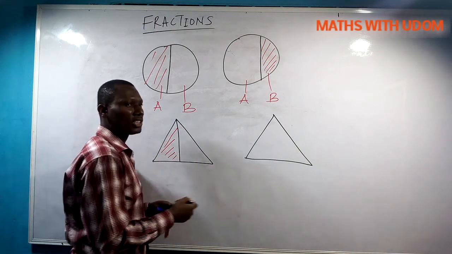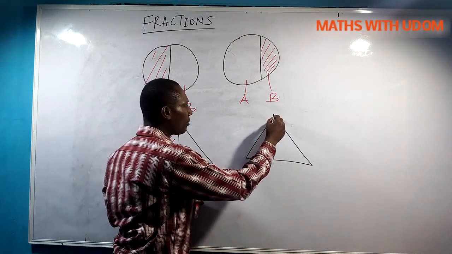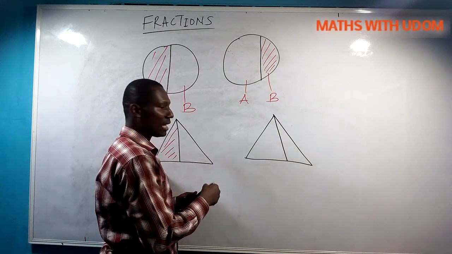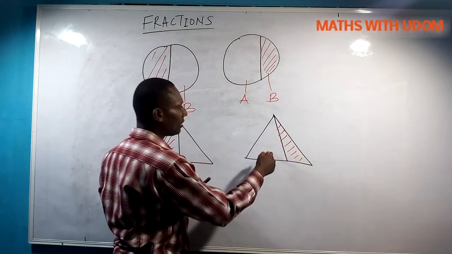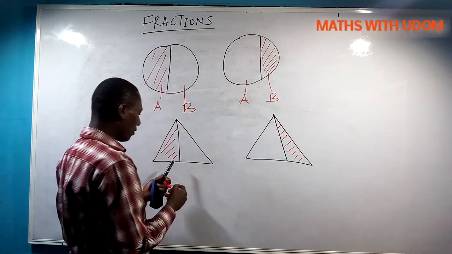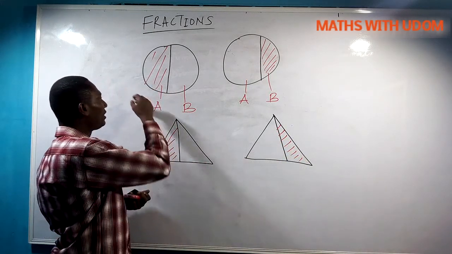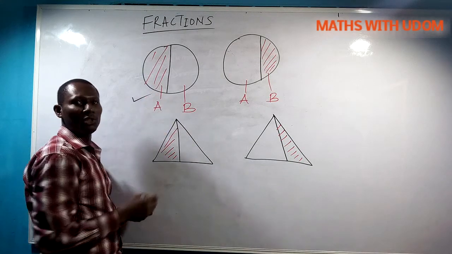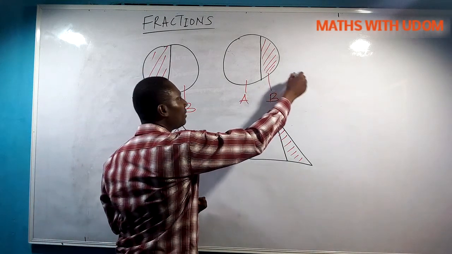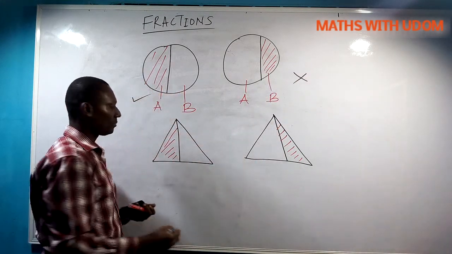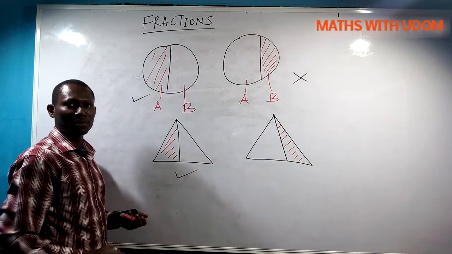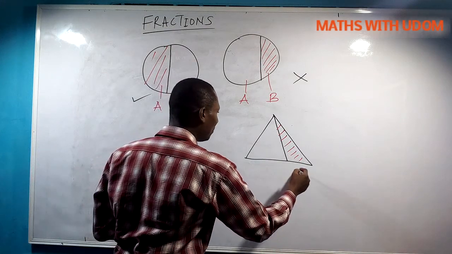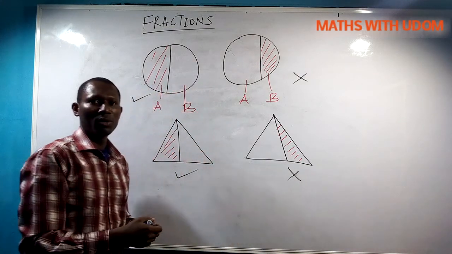For the other triangle, look at the way we divide it. Can you see that this side is smaller than the other side? So the first diagram obeys the rule of fraction, while this diagram disobeys the rule of fraction.